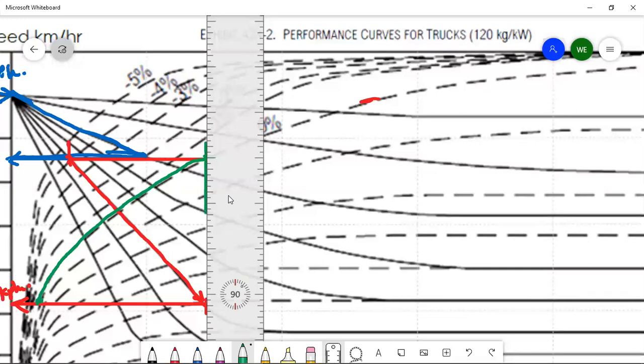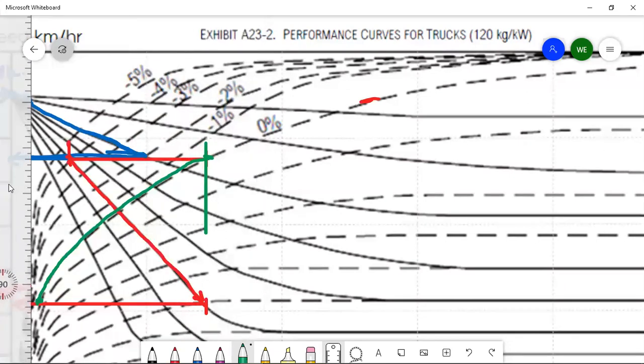We need to determine the distance between here, that's the end, and that's the beginning of the acceleration segment. So that's the distance.